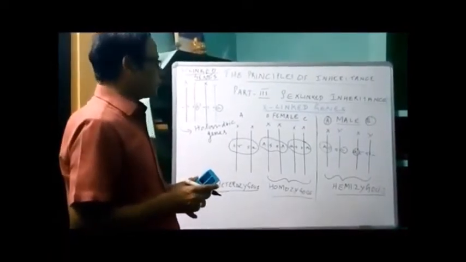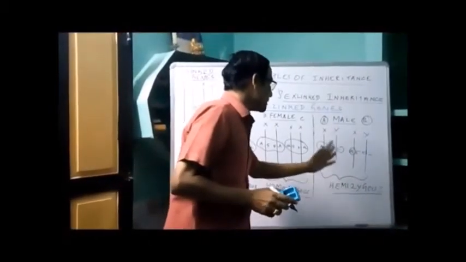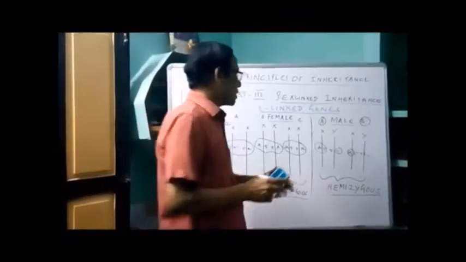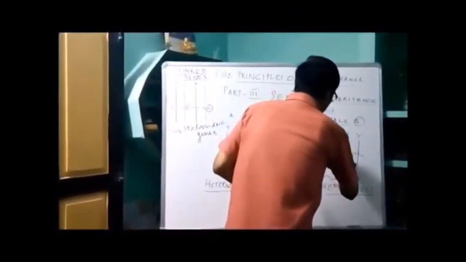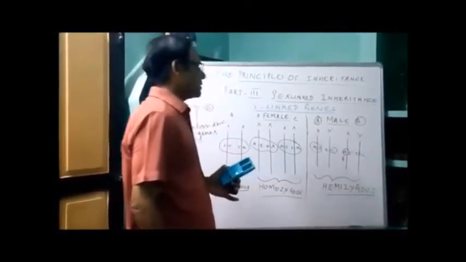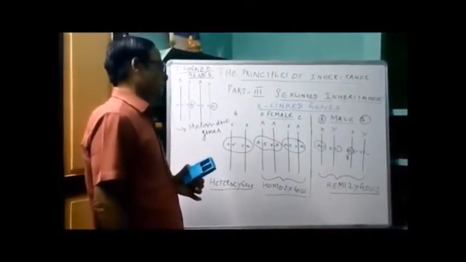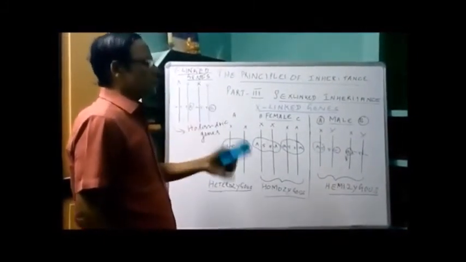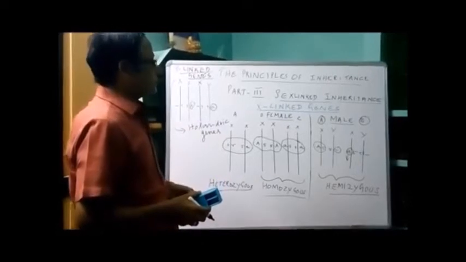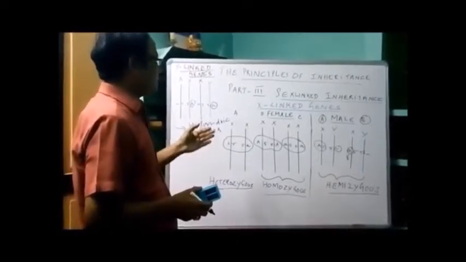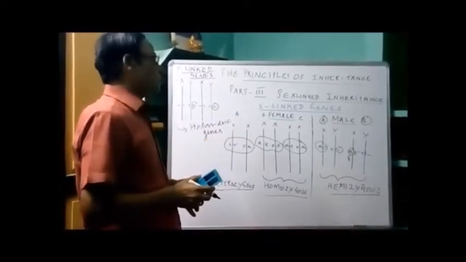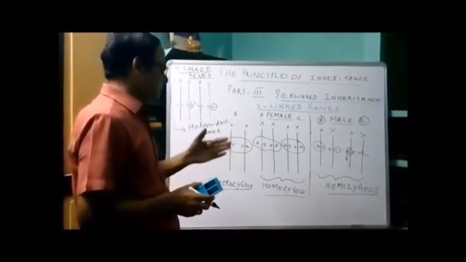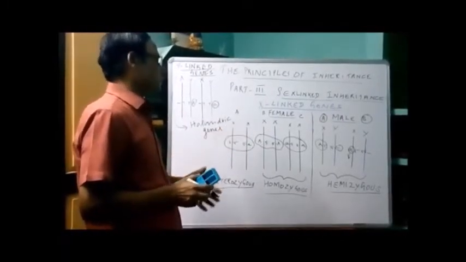Now the X-linked traits are more common in males when compared to females. The reason is that the males are hemizygous. As they have one mutant allele, that mutant allele is being inherited by them. So the sex-linked inherited traits are more common in males because they are hemizygous.